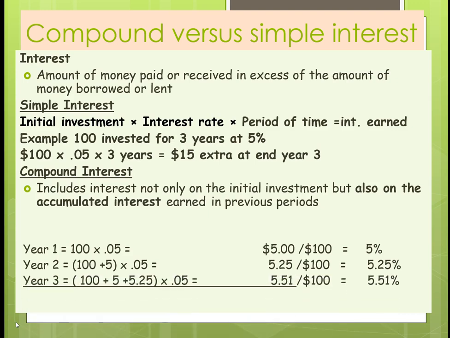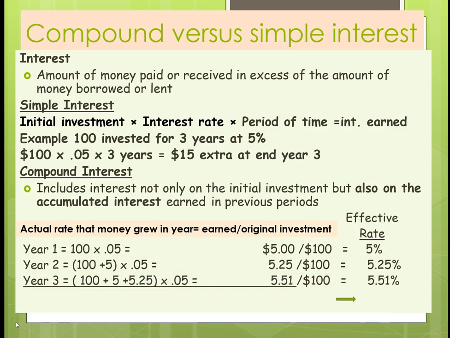In year 3 we would take the $5 we earned in year 1, the $5.25 from year 2, added to the $100 to give us $110.25, and we take that times the 5% interest, and as you can see, what's going to end up happening is we're going to end up with $15.76, which is more money. So you always want to make sure your interest is compounded.